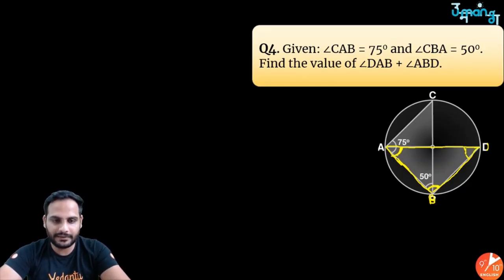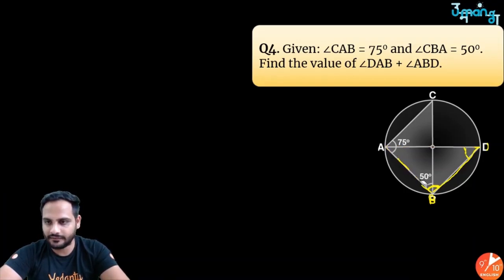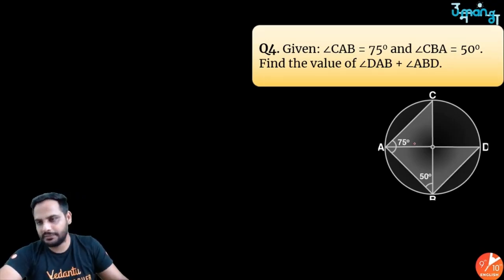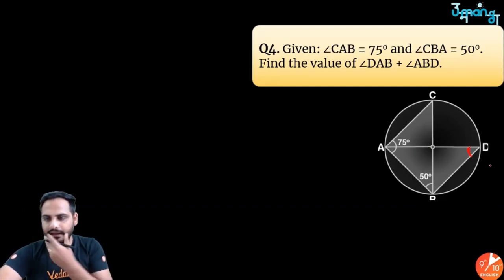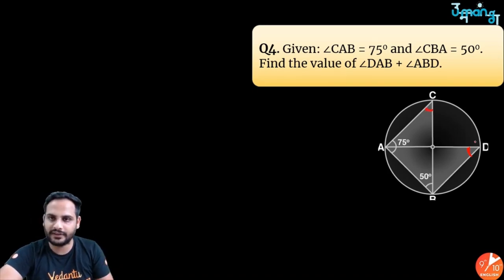Now look, how do I find the value of angle ADB? Let's look here carefully. So angle ADB I need to find out. I saw that this angle and this angle will be equal to each other because these are the angles in the same segment.